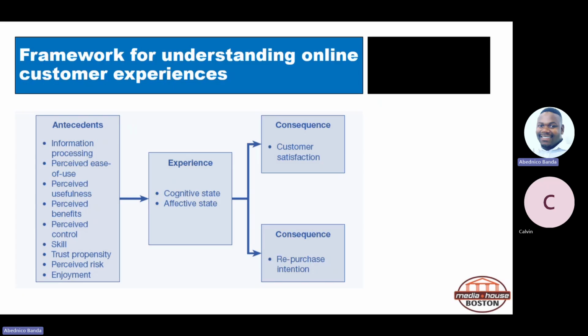It can also have an impact on how you feel about certain products or brands, which is affective state. So what you think on your mind and how you feel will contribute to satisfaction, and that could lead to customer retention, you being able to buy over and over. But of course, if the experience is too bad, it means that you are not going to buy.